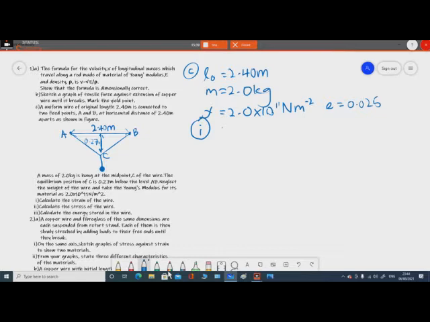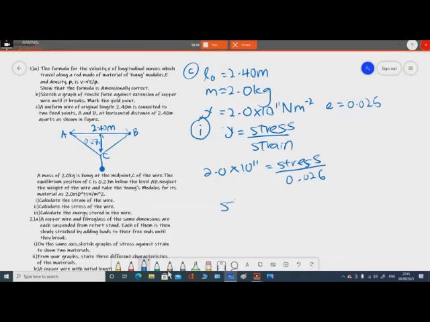So calculate the stress of the wire. We have Young modulus equals stress over strain. Our Young modulus is 2.0 times 10 to the power of 11. Our stress is what we need to find. Our strain is 0.026.